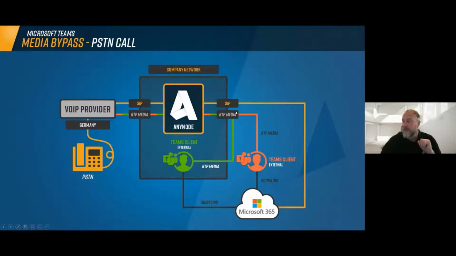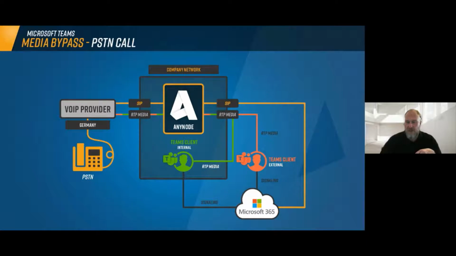But already in this scenario, in lots of cases, you will have a much shorter communication path of the media packets, because not everything needs to go to the Microsoft Cloud and then back again, but whenever possible, shorter paths are used.